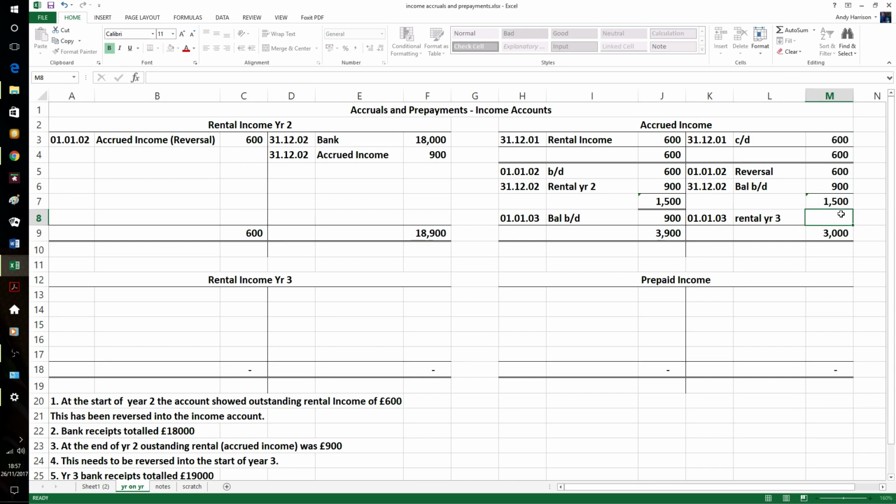That is a reversal. So let's see. One credit, one debit.